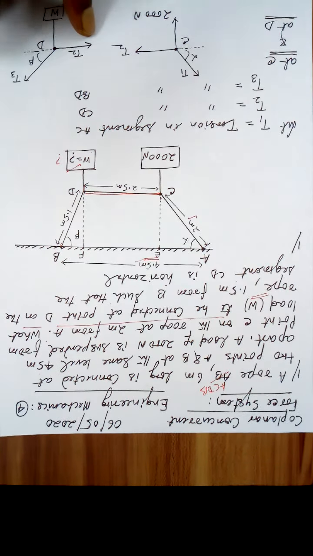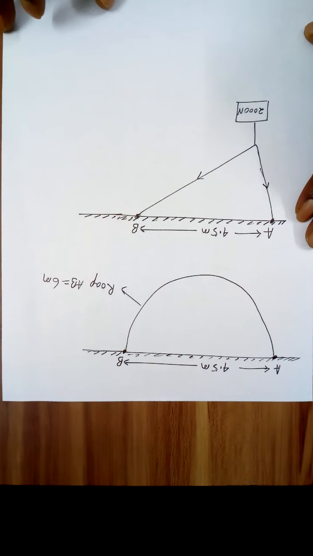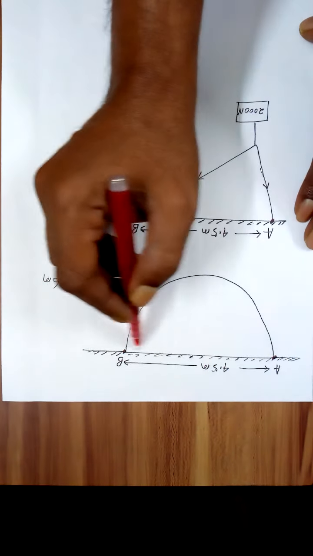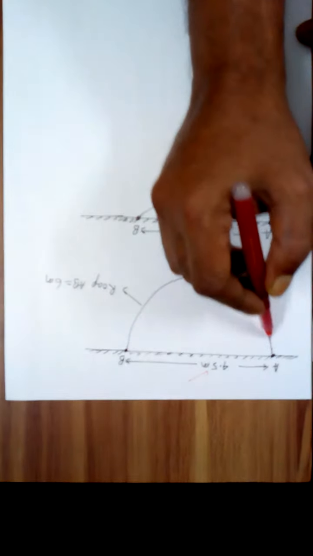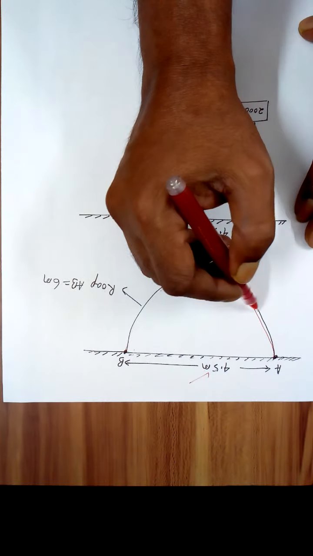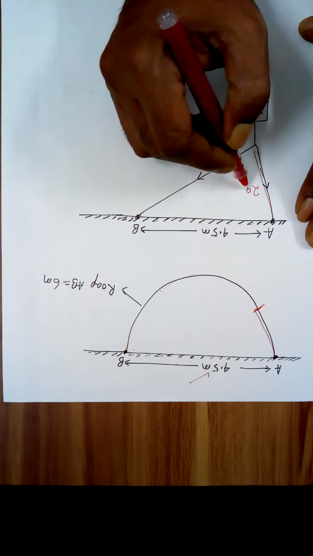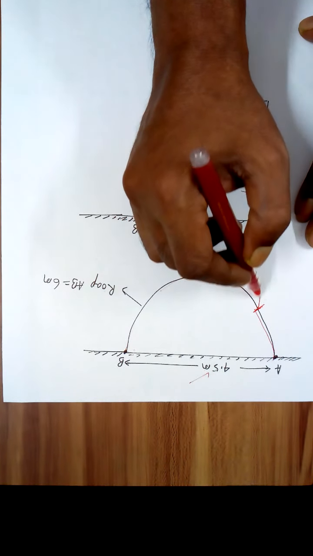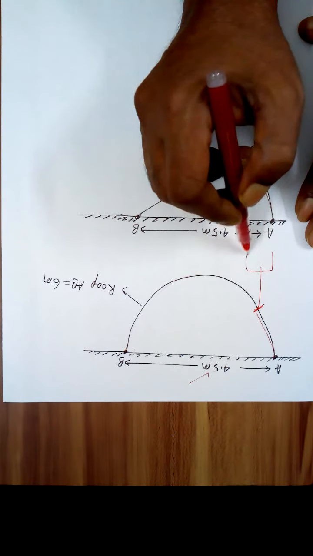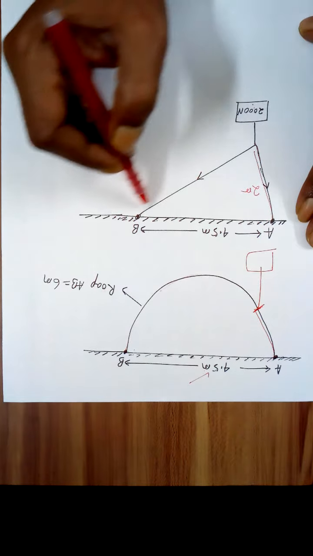Now look, before I proceed, there is a small thing you have to visualize. From A to B is 4.5 meter. This is the rope. 2 meter from here to here, 2 meter. If you suspend a 2000 Newton load, as I have explained here, the situation will be like this.